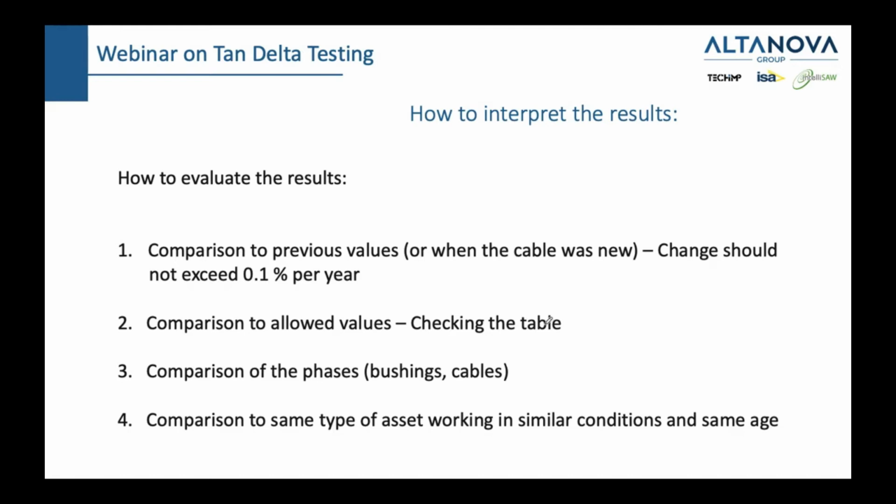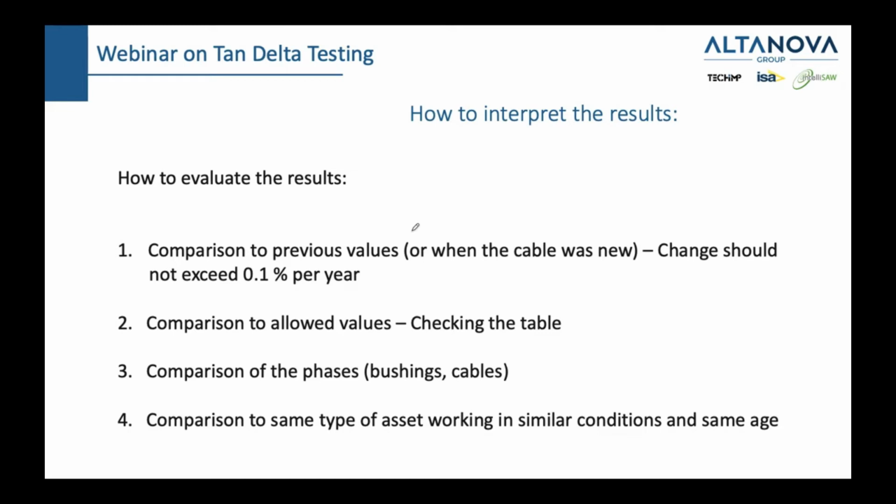Now, moving on, and we'll return to the rest of the questions a little bit later. How do we evaluate results? So first, as we said, we compare to the previous values. This is the best way how to assess your tan delta value or your power factor value, because your transformer, when it came from the factory, was probably tested for tan delta in the factory. So you do have that information somewhere.